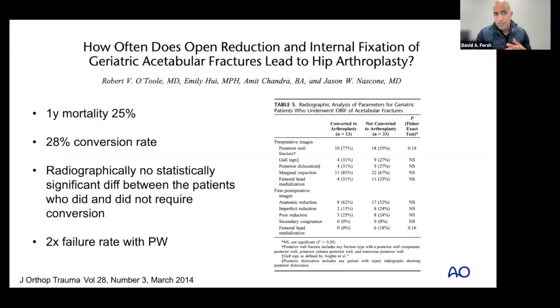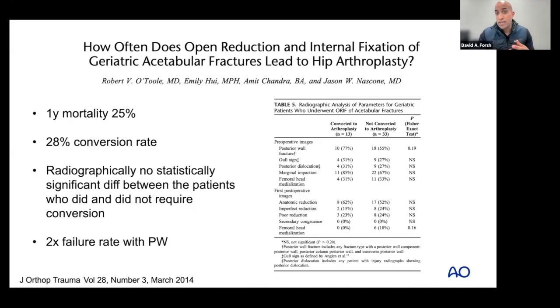And they had a pretty well-designed study with a lot of patients, relatively speaking, and their rate at about 4 years was about 28% of conversion to arthroplasty. But what was noteworthy was that there was no statistical significance between the patients who did and did not require arthroplasty. So it makes you think, wow, is that gull wing sign and that marginal impaction that we all learn about, is that really prognostic for patients needing a conversion?